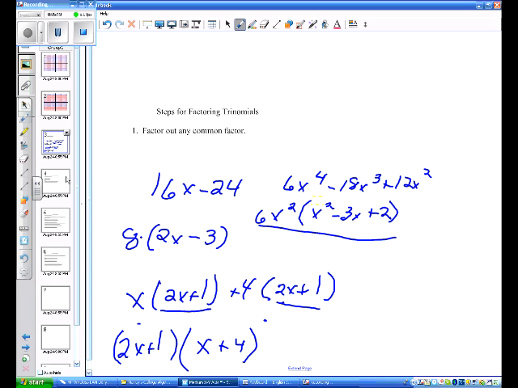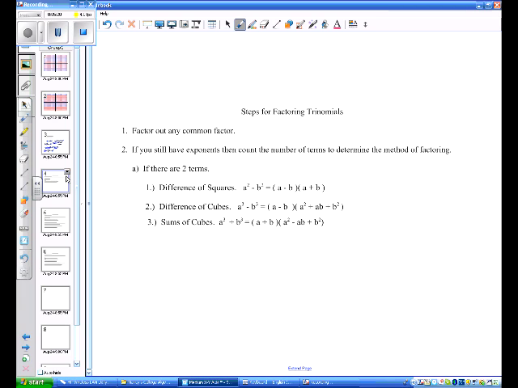How do you know when to keep going and looking for other things? If you still have exponents in what you factored, then you're going to count the number of terms to determine your method for factoring. That's how I knew I still had exponents. So if you still have exponents, you want to count your number of terms.